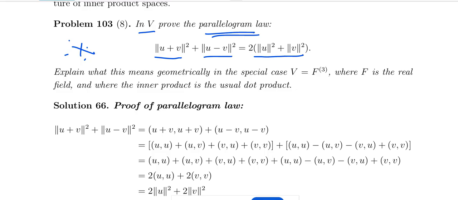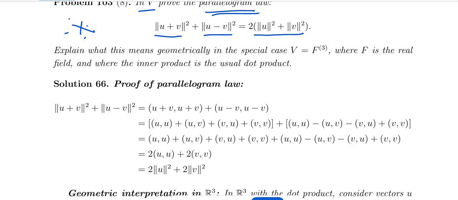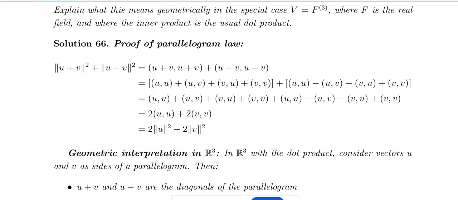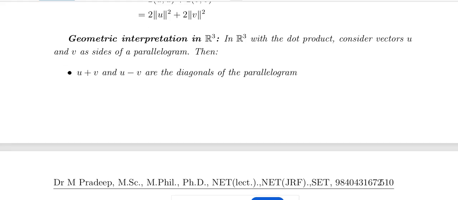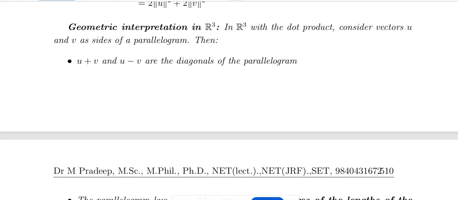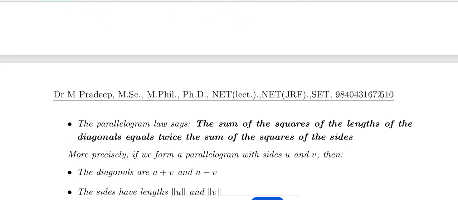So what does this mean geometrically in this special case V equal to F3? F is the real field, but the inner product is the usual dot product. So F3 means in R power 3, the dot product considers the vectors U and V as sides of the parallelogram. Then U plus V, U minus V are the diagonals of the parallelogram.